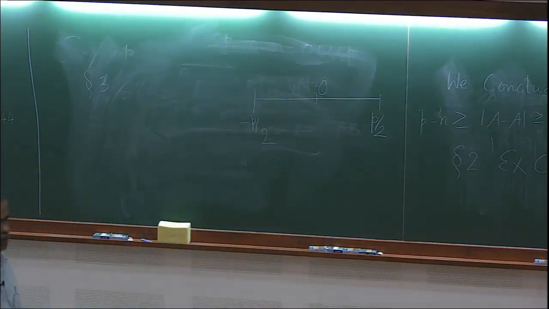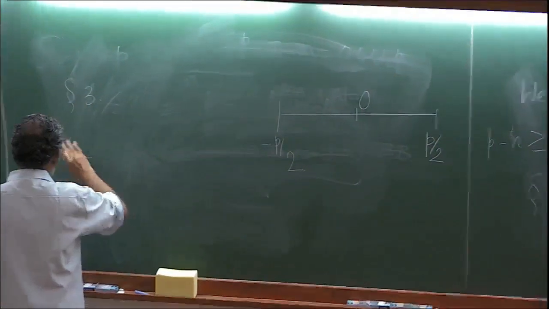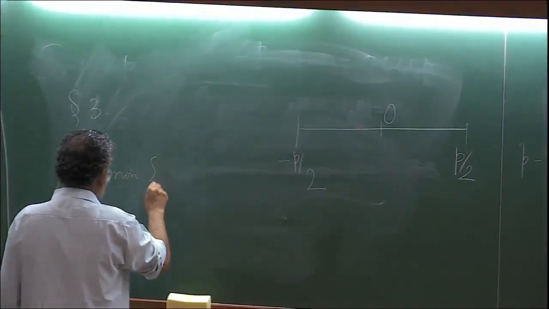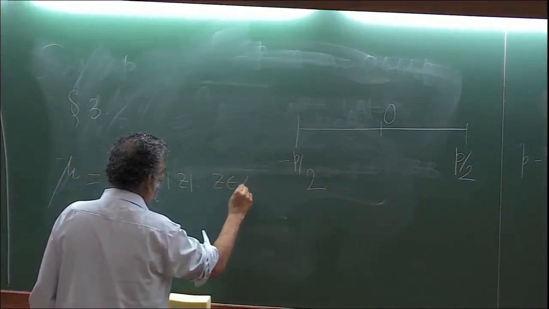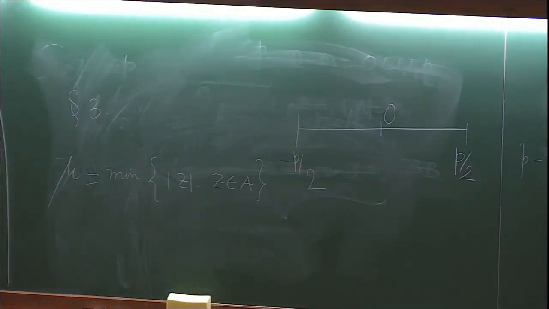Rather than 0 to p, and then define mu to be the minimum of mod z such that z appears in A. Okay, and then I would like to know what I can say about this A.